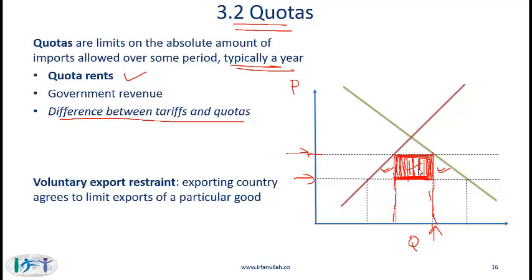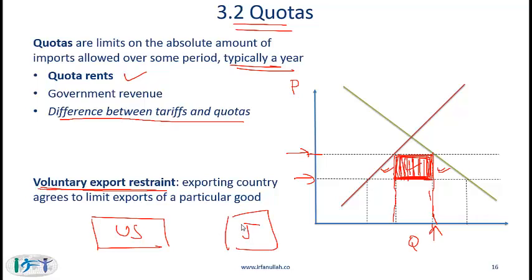With a voluntary export restraint, we have the exporting country which agrees to limit the exports of a particular good. Just to make sure you understand the distinction between voluntary export restraints and quotas, let's go back to the example of the United States and Japan. Let's say that Japan exports cars to the United States.